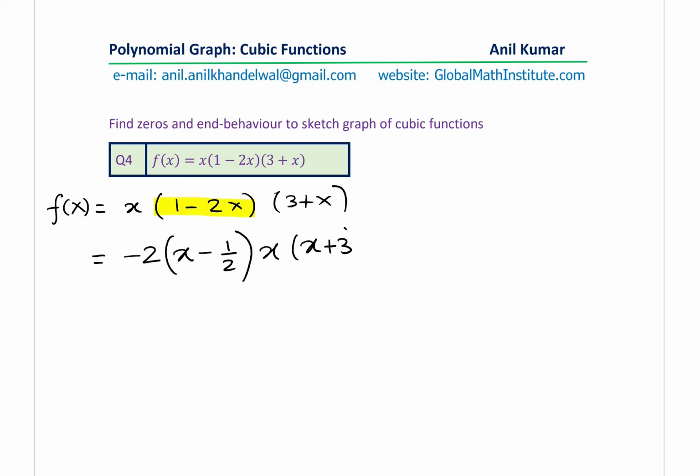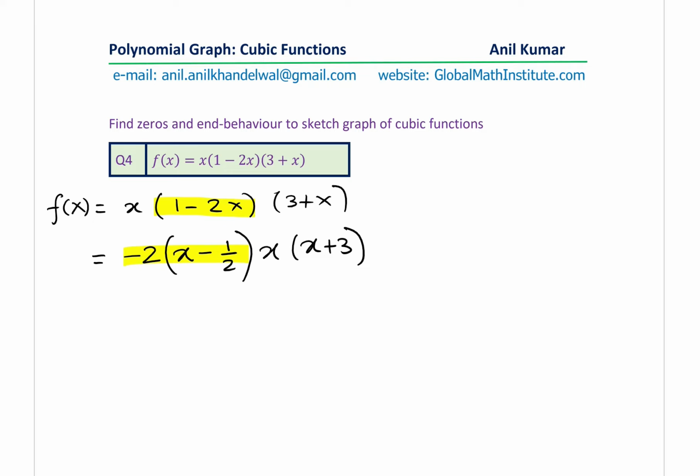That will help you to avoid a lot of mistakes. So this is a very critical step. I hope you have understood what we have done. We factored minus 2 and wrote the second term in this case as minus 2 times x minus half, right? And the other terms are as such.